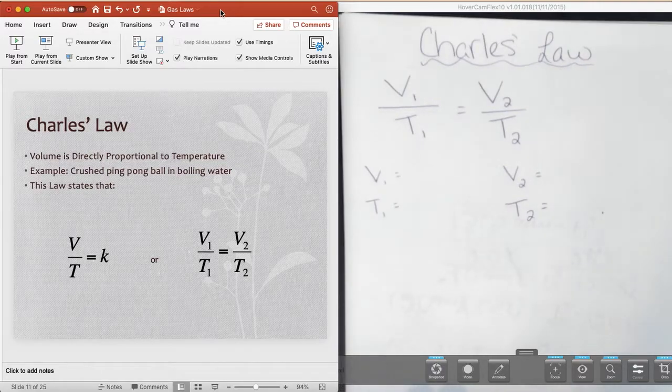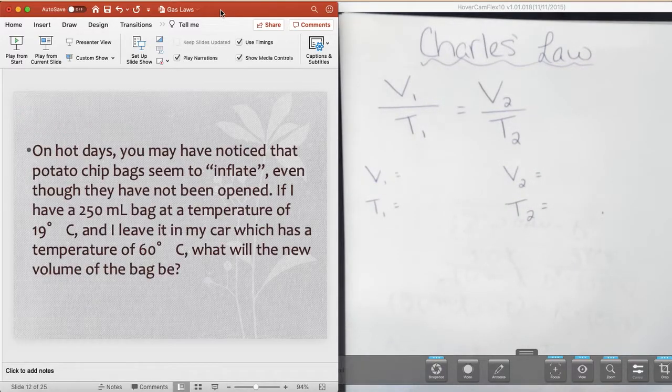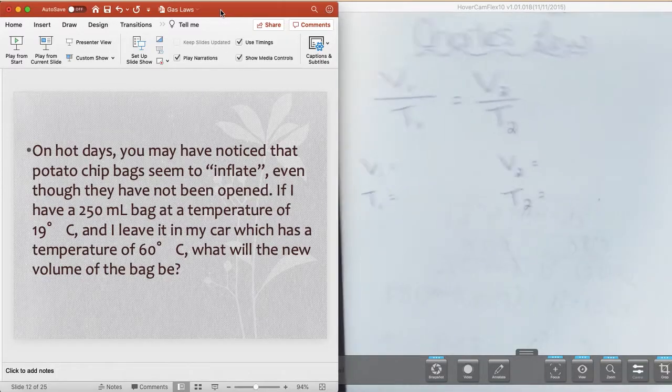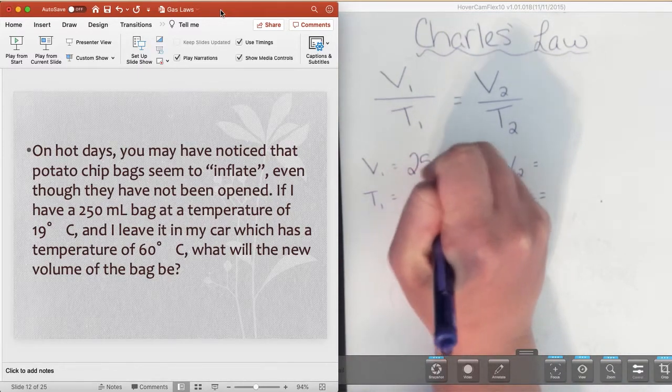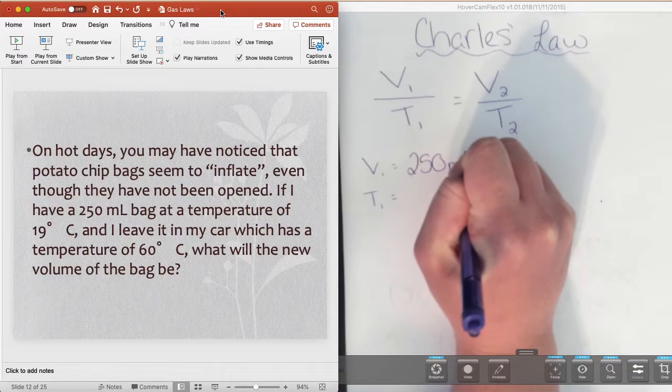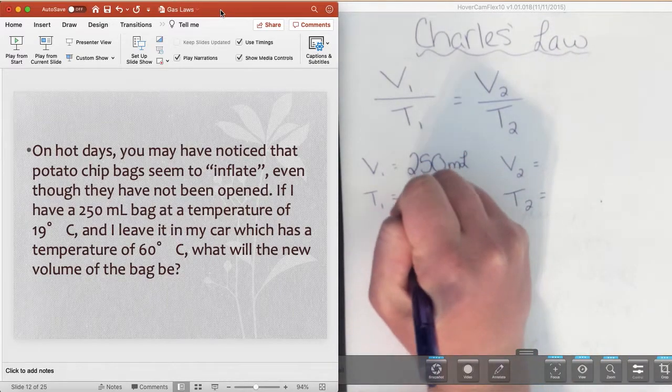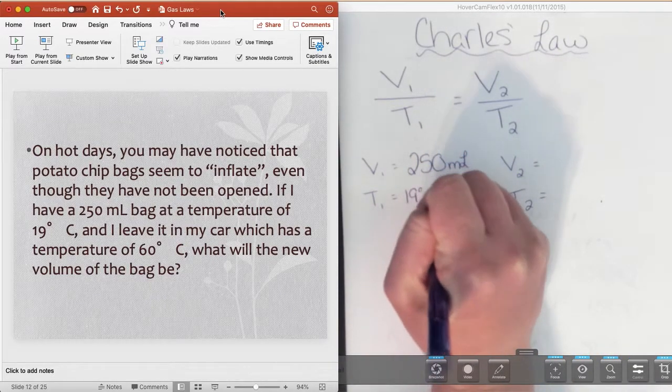So now let's try a sample problem. It says, on hot days, you may have noticed that potato chip bags seem to inflate even though they have not been opened. If I have a 250 milliliter bag at a temperature of 19 degrees Celsius, so my volume is going to be 250 milliliters at 19 degrees Celsius.